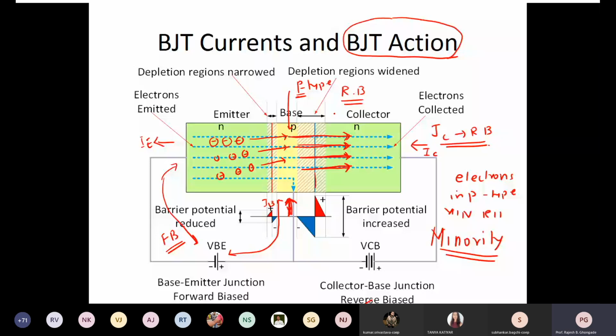Now, an interesting thing happens when I modify this base current. If I change this base current by microamperes, you see the collector current changes by milliamperes. Are you able to understand this?